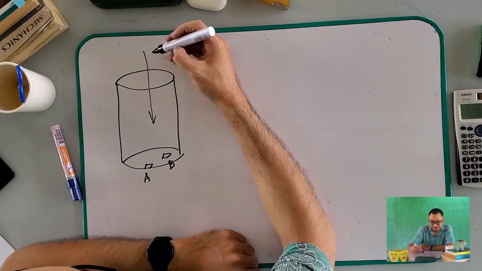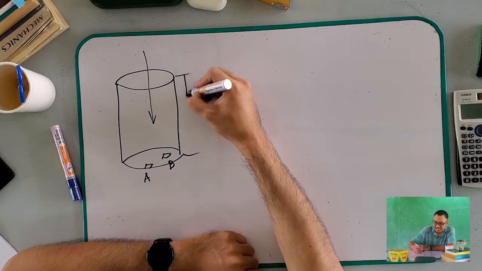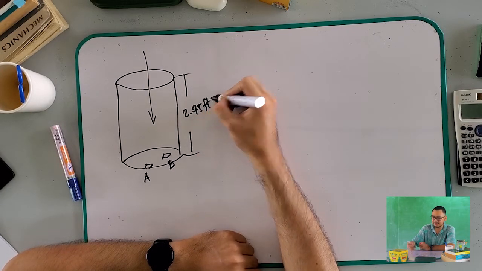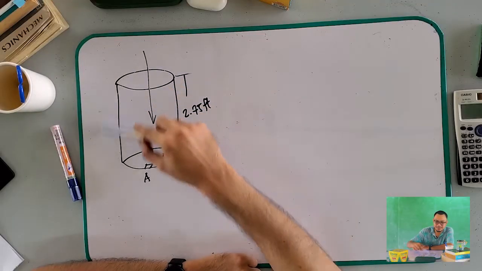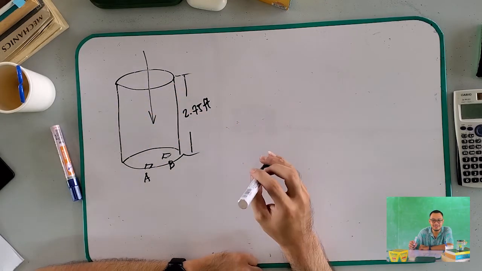Okay? So, ang atong pangitaon ani is ang weight from this point up to this point, which has a height of 2.75 feet.